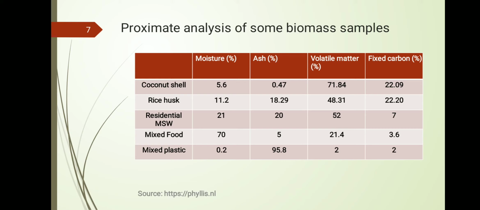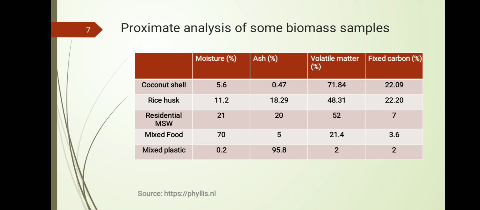So if biomass moisture content is very high, like this mixed food where 70% is moisture, we will not be able to use it for gasification or combustion. We have to go for anaerobic digestion, that is biogas production.